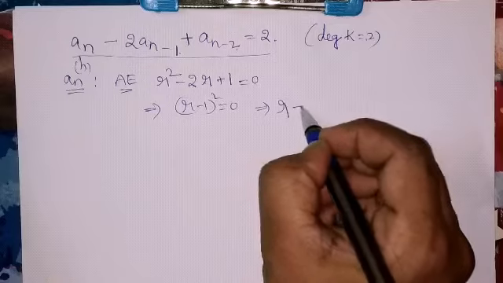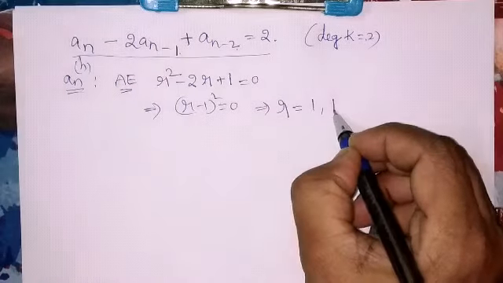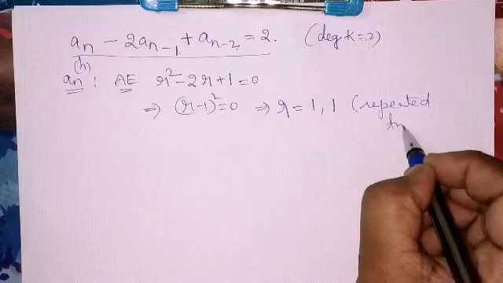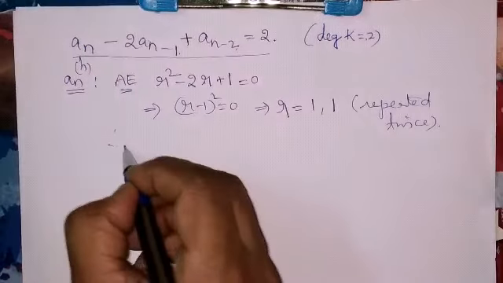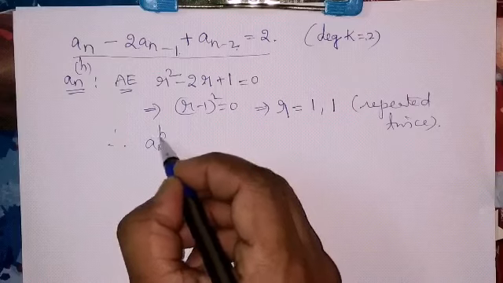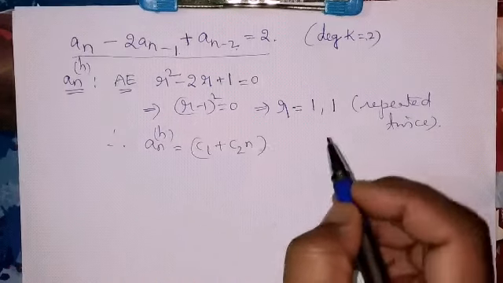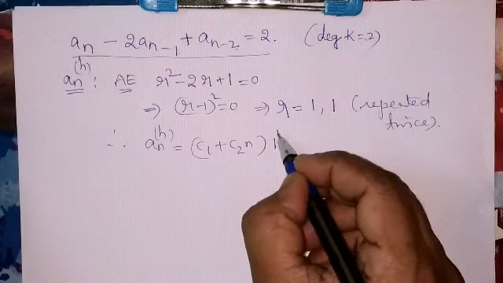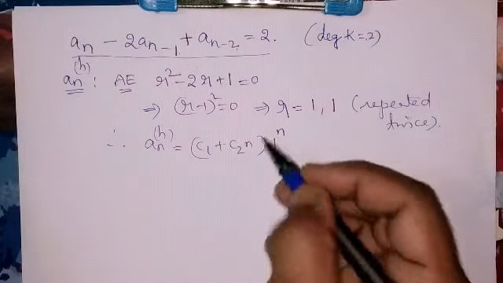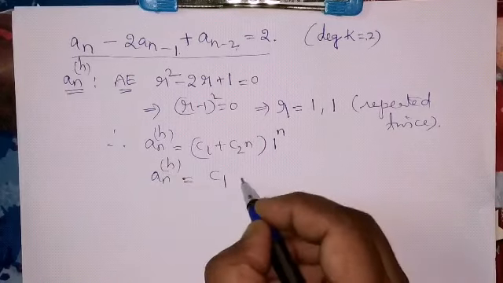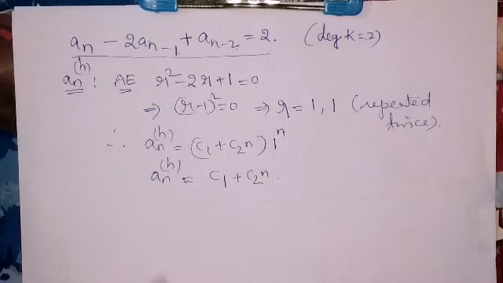We have got two values of r, 1 comma 1, repeated twice. So we write the corresponding homogeneous part as (C1 plus C2 n) into 1 power n. Because 1 power n is also 1, we simply write a_n power h is equal to C1 plus C2 n.